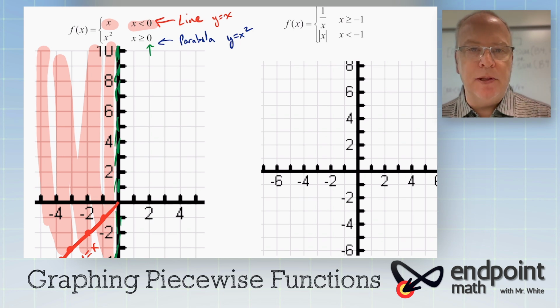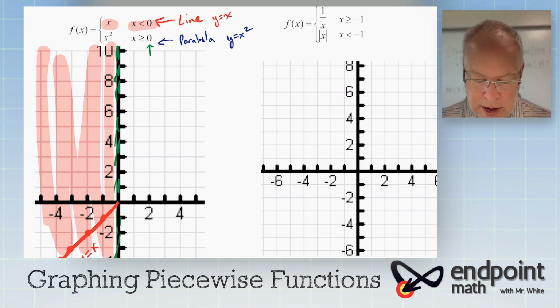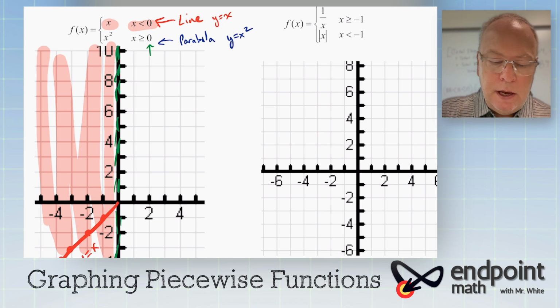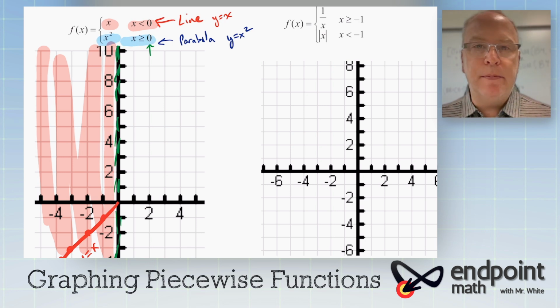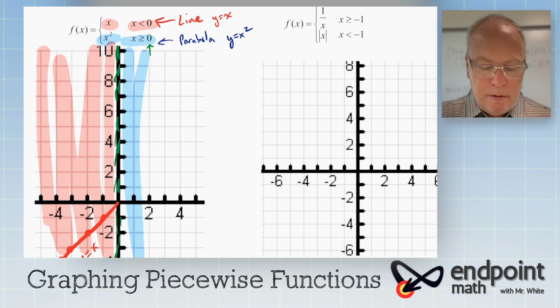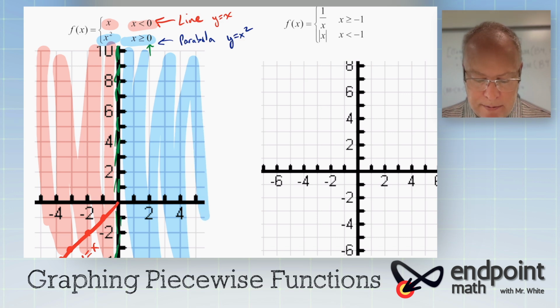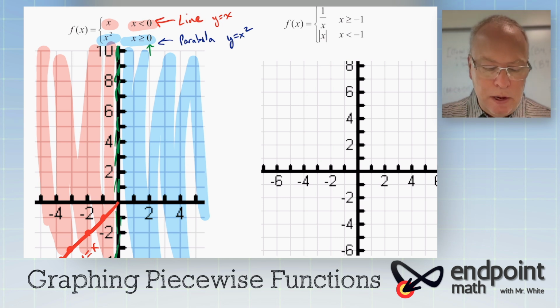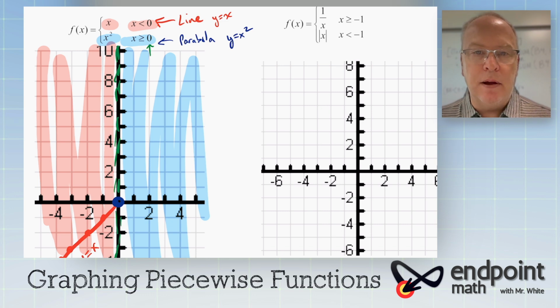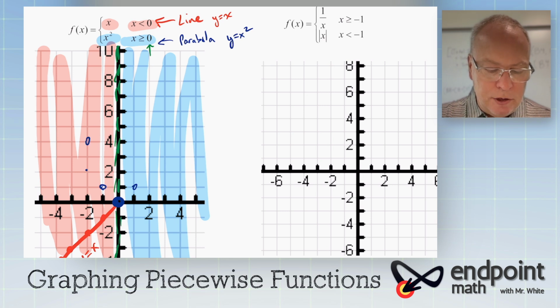Let's see what happens with this parabola. So on the right side is my blue part. That's my parabola. So over here, I'm going to draw the parabola. Notice how that red abruptly stopped. The parabola has a vertex at 0, 0, and then it goes like this normally, right? 1, 1, 2, 4, 3, 9.